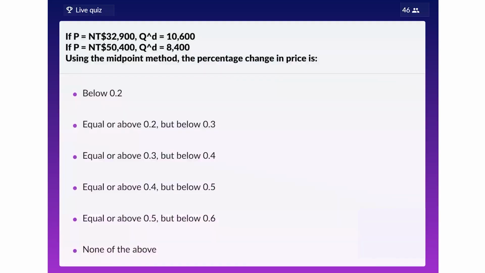That's fine. Okay, so what is the percentage change in prices? So we have the 2 prices and 2 quantities. Is it below 0.2, equal or above 0.2 but below 0.3, equal or above 0.3 but below 0.4, equal or above 0.4 but below 0.5, or equal or above 0.5 but below 0.6, or none of the above?